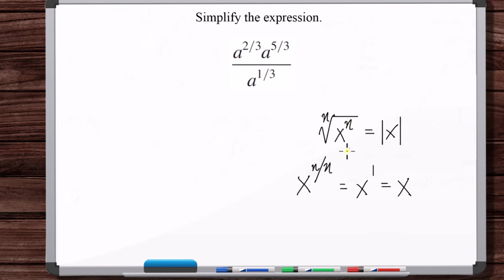If you start off with the nth root of x to the n, and n is even, then that's equal to the absolute value of x. But if you started off with x to the n over n, where n is even, then that's just equal to x. You just have to trust that that's true, and as you progress through the course, you'll get a feel for why this is the case. When you get through chapters 1, 2, 3, etc., you'll look back at this and say, okay, I get it now.